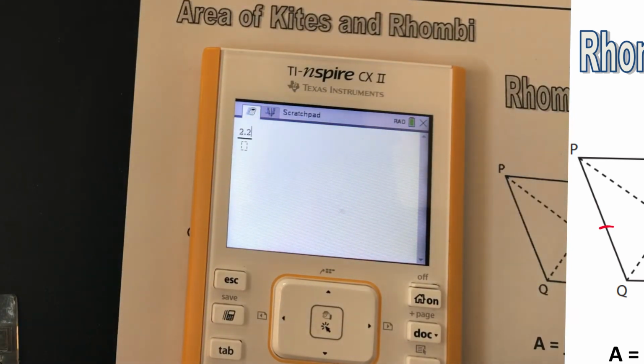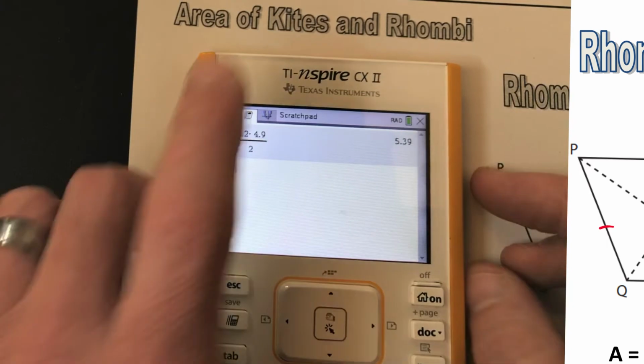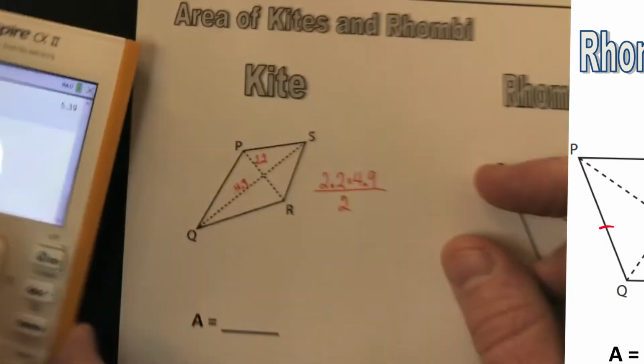So 2.2 times 4.9 divided by 2, and the area is about 5.39 square centimeters, okay?